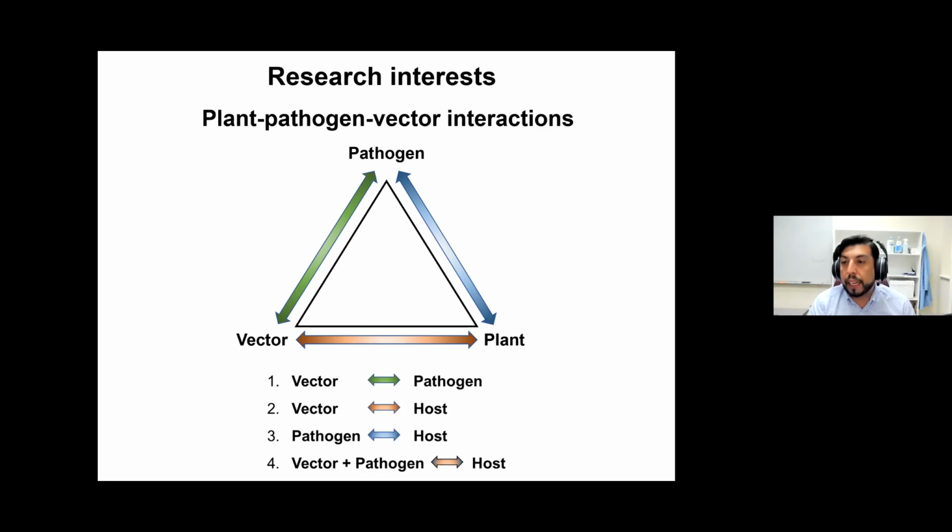In the case of citrus, I'm going to show how citrus responds to Psyllids at different time points. Also, there is another that is more complex, when the vector is associated with the pathogen and interacts with the host. There are other levels of interaction in there.